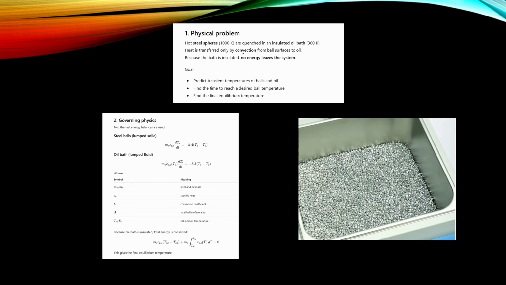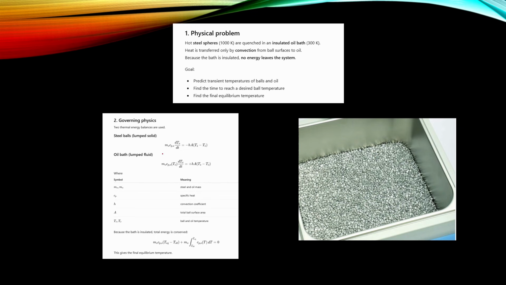So now we have steel balls in oil, and we can assume that our vessel is well insulated, so no heat is escaping to environment. So what is happening is that our hot balls are cooling down and this oil is warming up.